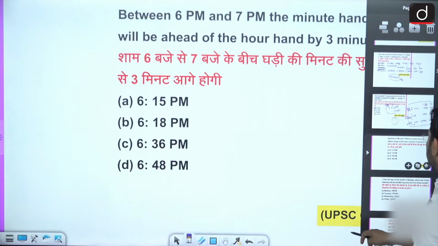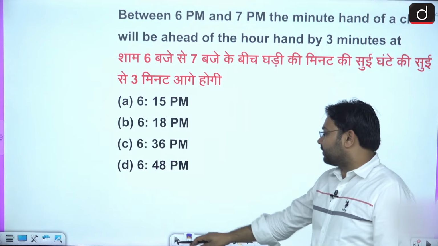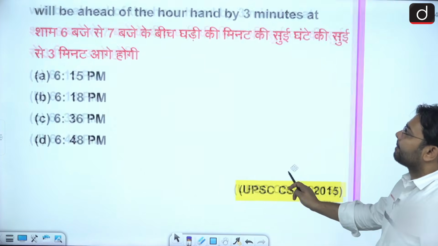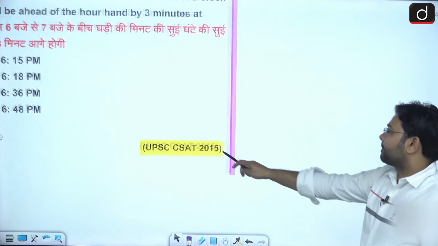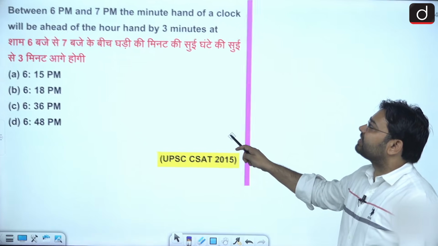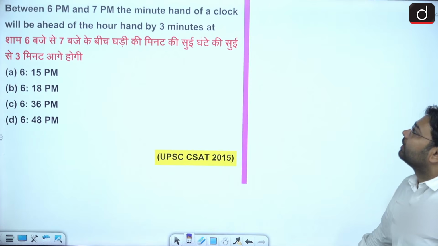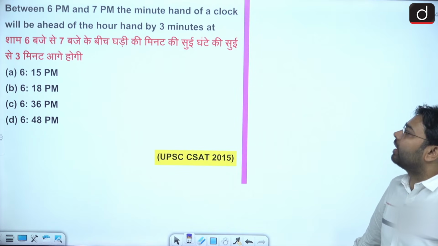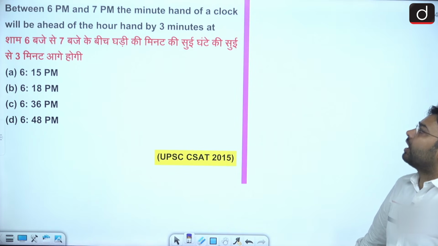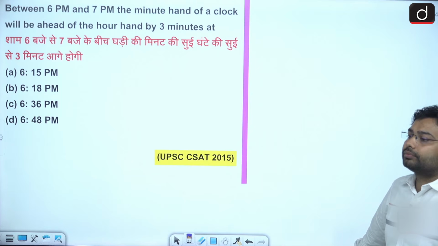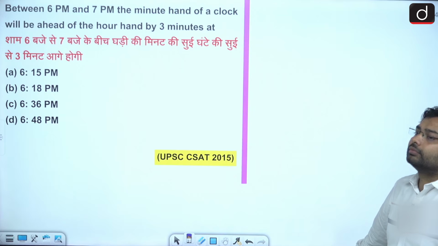Next one for you. This is from 2015. Between 6 p.m. and 7 p.m. the minute hand of a clock will be ahead of the hour hand by 3 minutes. The smaller number is 6.